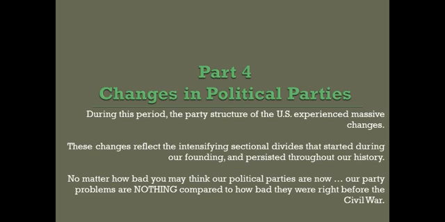The Civil War is going to resolve a lot of these issues, but we are still facing some of those issues today. So it's very important that we understand this. No matter how bad you may think our political parties are now, our party problems are absolutely nothing compared to how bad they were right before the Civil War. So this should give you some perspective of how bad things can get.